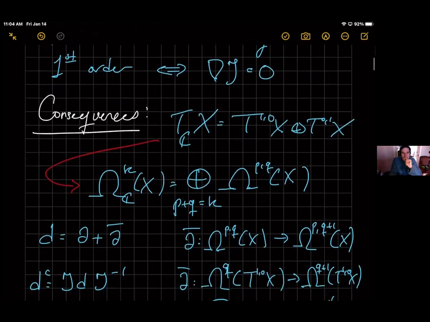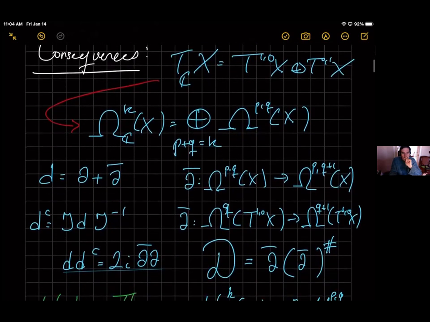And the tools that all fall out from the complex geometry and being Kähler, one of them is that if you complexify the tangent bundle, so just tensor with C, then the complex structure gives you a splitting into eigenbundles, i and minus i, which we usually notate as T^{1,0} for the i eigenbundle and T^{0,1} for the minus i eigenbundle. And you can do the same decomposition on the cotangent bundle, and that'll give you a whole decomposition of the differential forms on X once you've complexified.